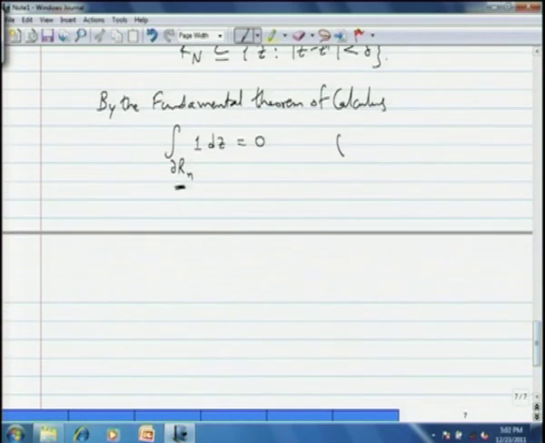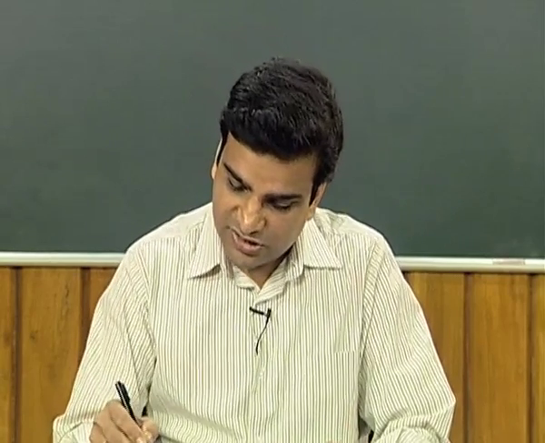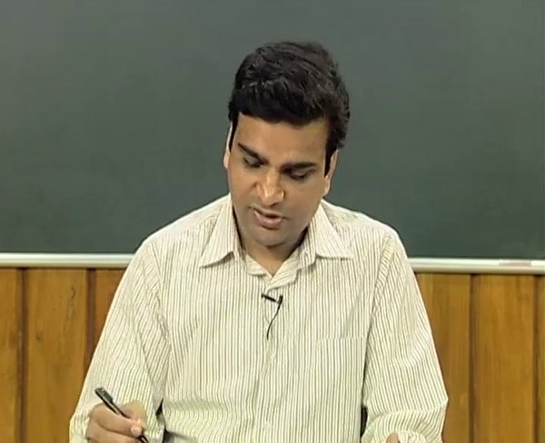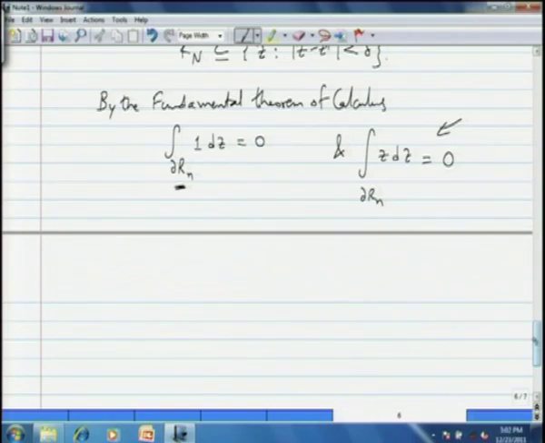And likewise, the contour integration of the function z dz on the boundary of R n is also 0. Okay. So, we will need these two pieces, which are conclusions from the fundamental theorem of calculus. Of course, the second value of the integral follows from the fact that z is the derivative of the function z squared by 2 on all of the complex plane. Okay. So, we will use these two.